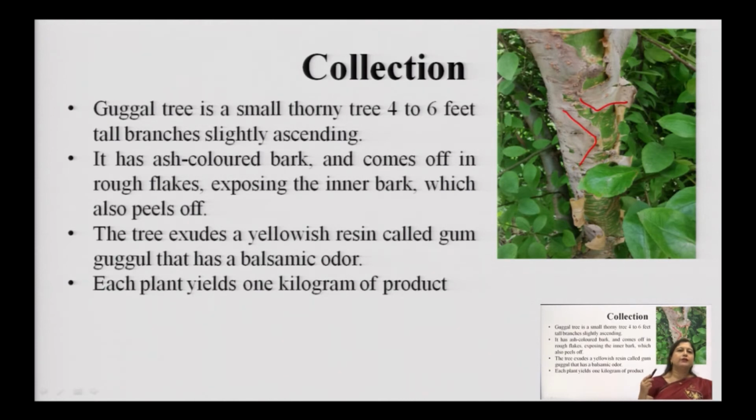This Guggul tree is a small thorny tree, 4 to 6 feet tall and branches slightly ascending, means they are moving upwards.